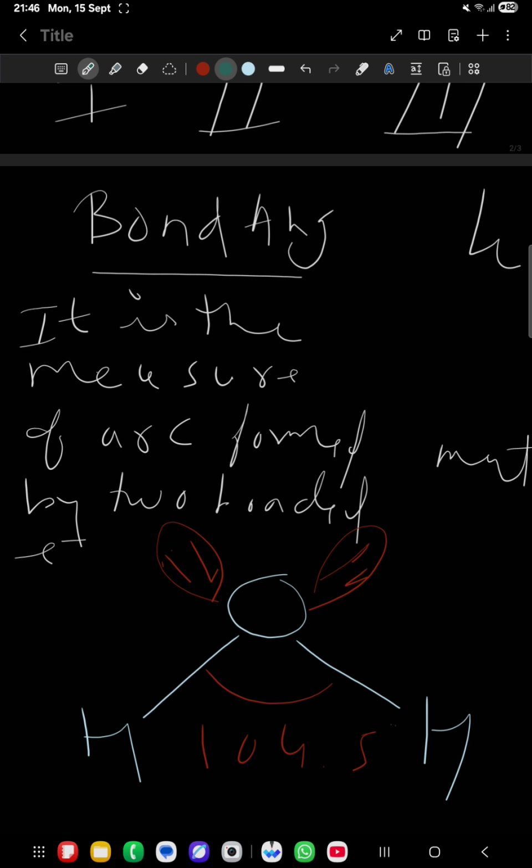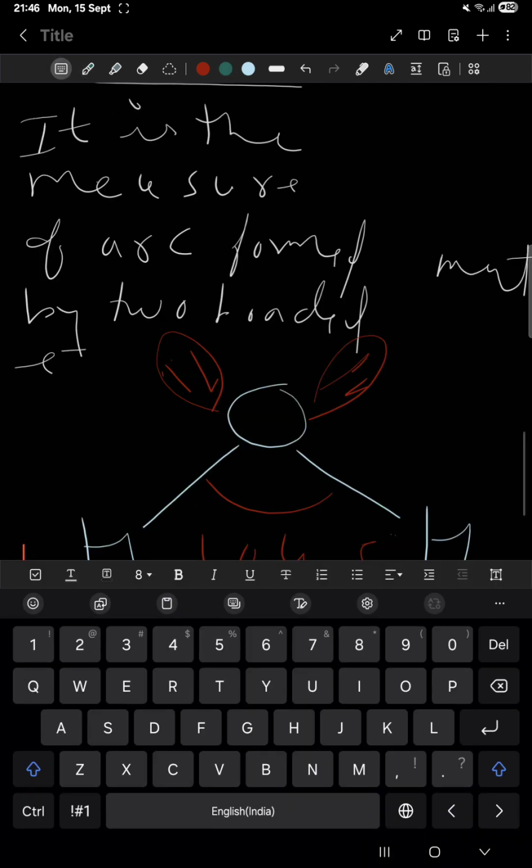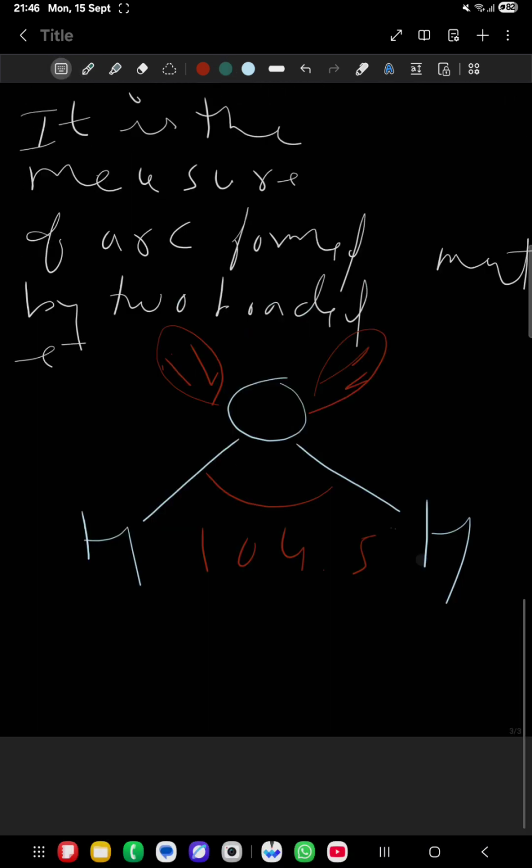And every element has different bond angles. We have seen in VSEPR theory itself. ठीक है, हमने VSEPR theory में भी देखा था कि हर एक elements का different bond angle है. Now we have another part. We were talking about bond angles.